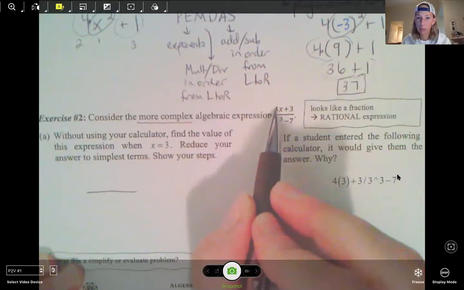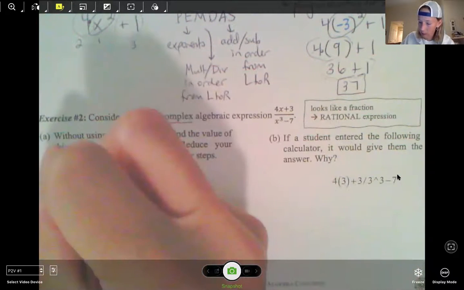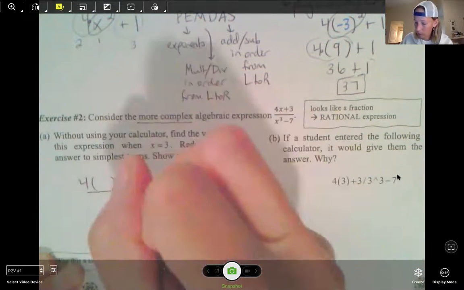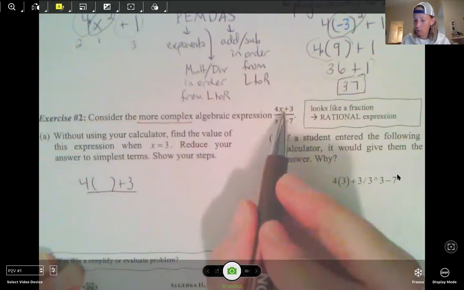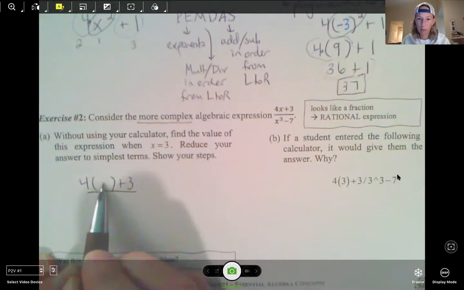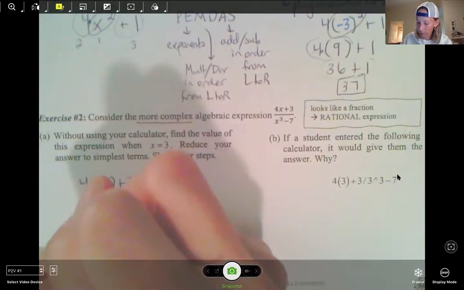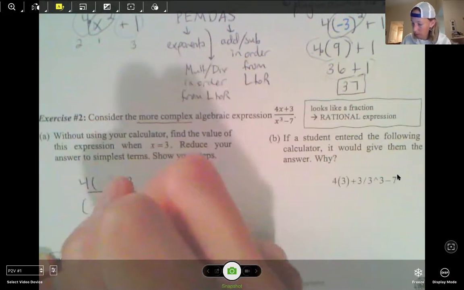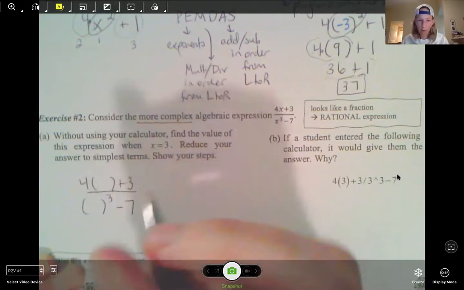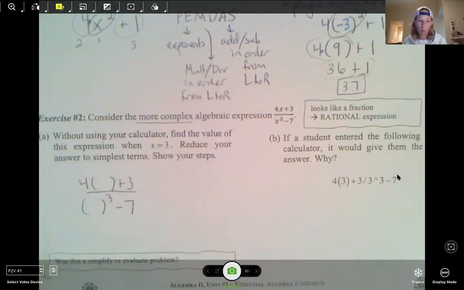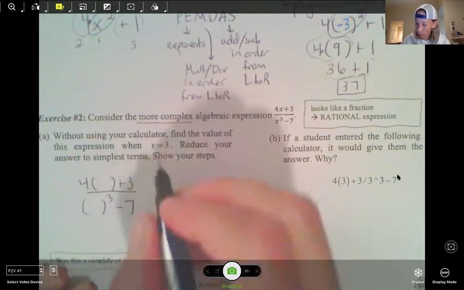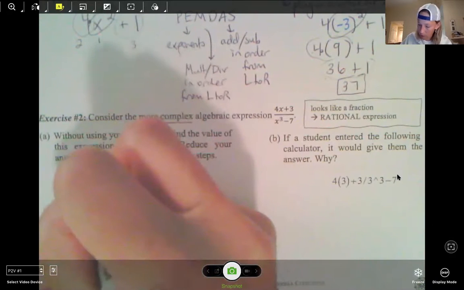So I'm just going to take the top, or the numerator, and every place I see an x, I'm going to hold the spot with a set of parentheses. On the bottom, I have x to the third minus 7. In both those spots where I left them empty, where the x was, we're going to put in a +3.